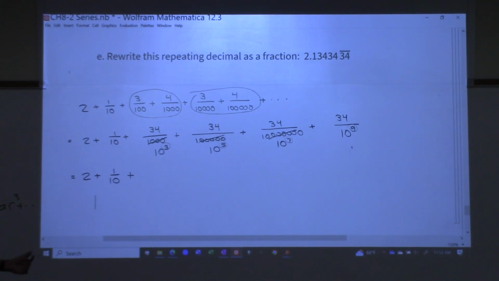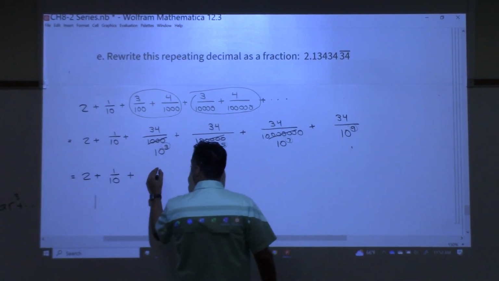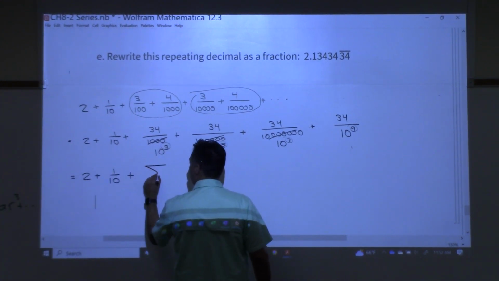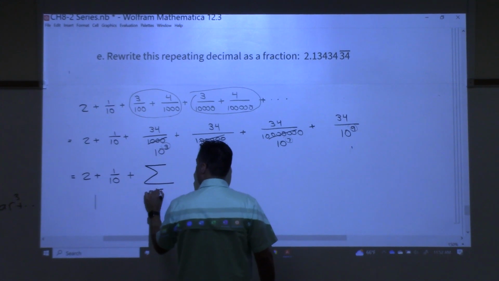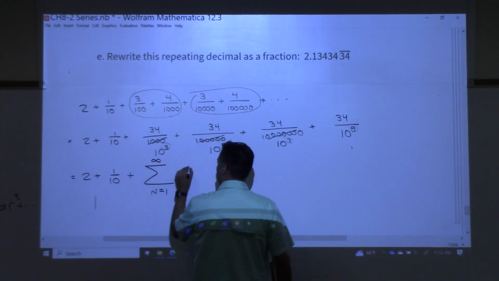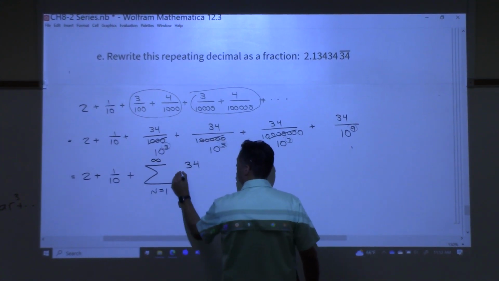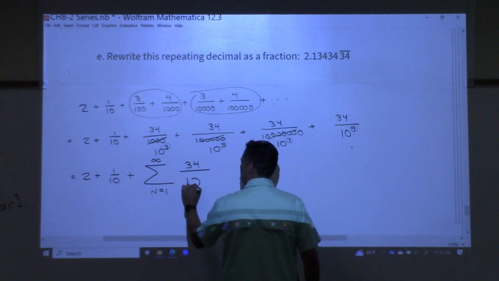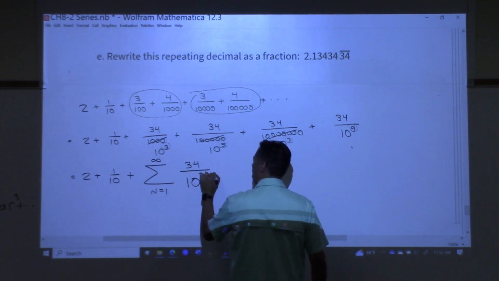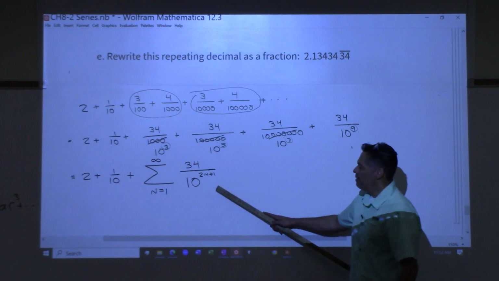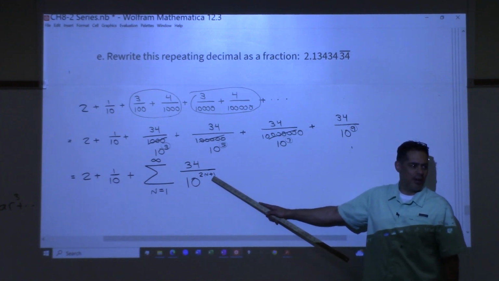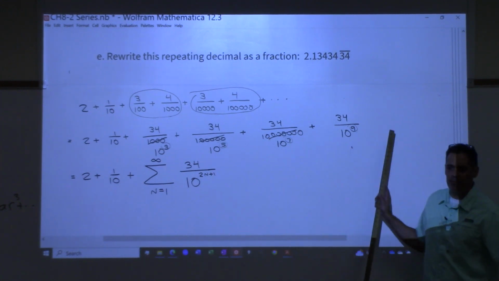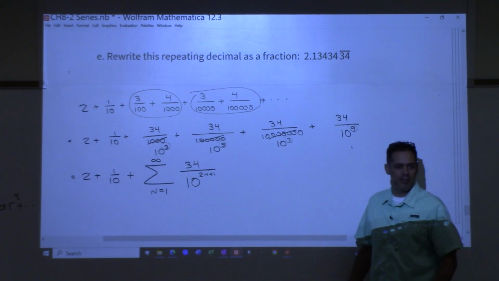This is why. So I'm realizing now that the rest of this can be rewritten as a sum, n equals 1 to infinity, a 34 on top that never changes, and on the bottom 10 to the 2n plus 1, which would create 10 to the odd power starting at 3, and then it would just continue popping off the rest of those.